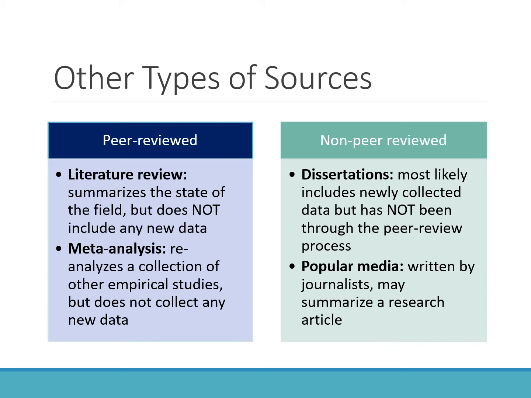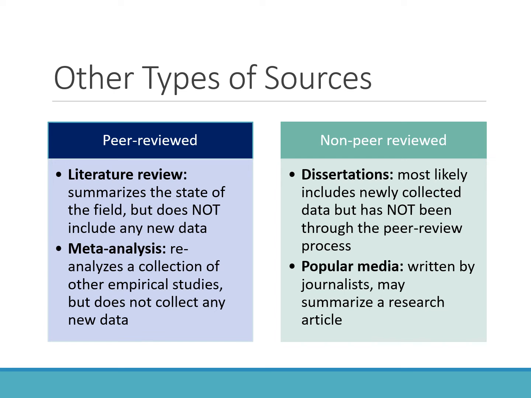Now, depending again on the assignment, some of these types of sources may or may not be acceptable. When we're talking about a peer-reviewed source that is not an empirical source, peer review processes might also be used for a literature review. So there might be a review of literature that doesn't include any new data, but that has been through the peer review process. Another type of study you might see is a meta-analysis.